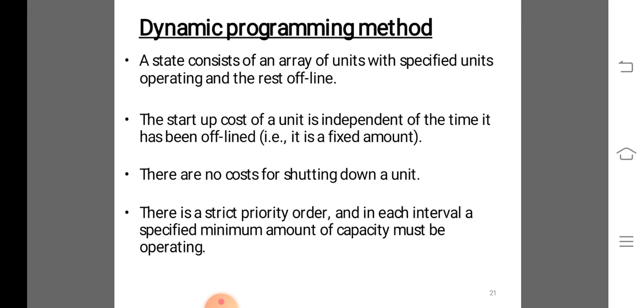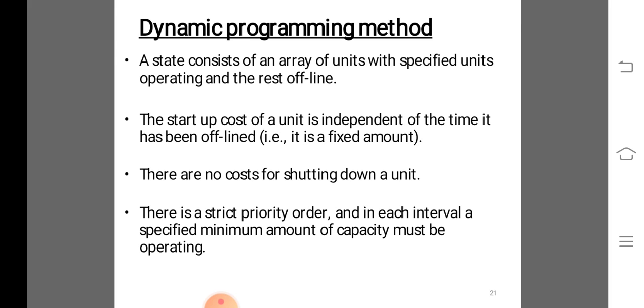In the dynamic programming approach that follows, we assume that a state consists of an array of units with specified units operating. The startup cost of a unit is independent of the time it has been offline. There is no cost for shutting down a unit.